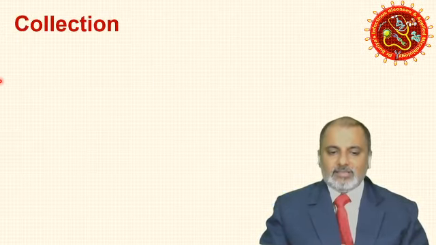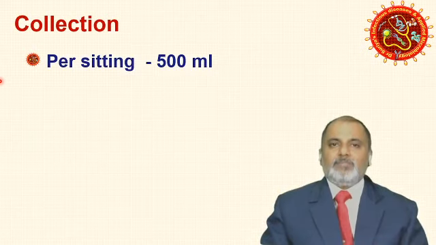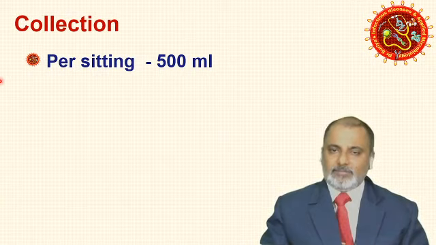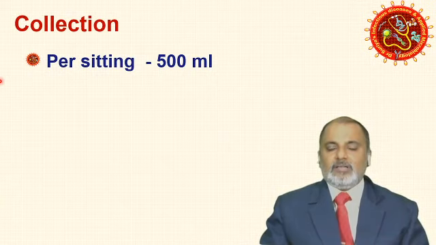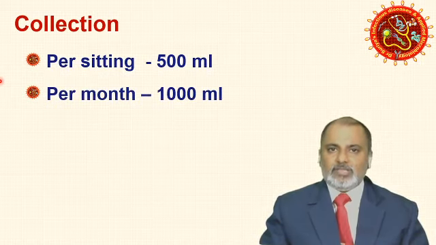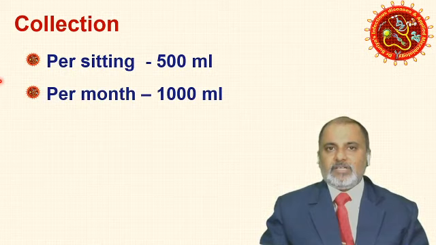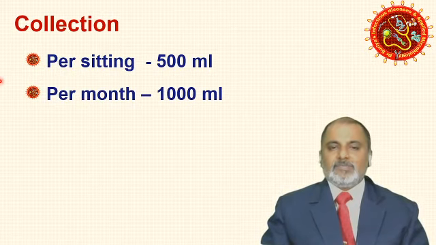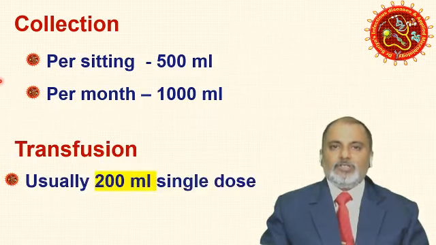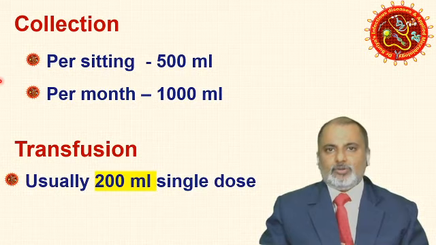Next is, per sitting we can collect 500 ml of plasma. It should be collected fortnightly or monthly, a maximum of 1000 ml plasma you can collect from a single donor. Next, when you do the transfusion, usually 200 ml in a single dose is what we are suggesting for COVID-19.